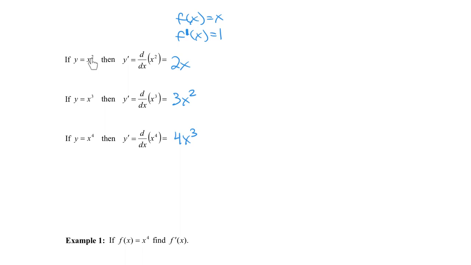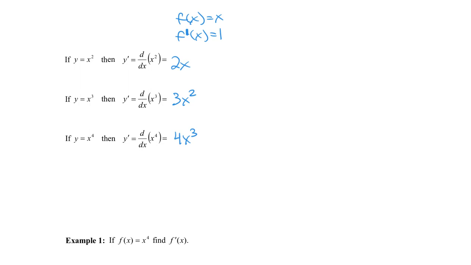It looks like this 2 ends up being a coefficient, 3 is a coefficient, so maybe the 4 is a coefficient. It looks like the powers drop by 1, or almost like this 2 comes down in front, and then the power drops by 1. 3 comes down, power drops by 1. So if these are true, then maybe 4 comes down and the x to the 4th becomes x cubed. But as you know, we do have one way to find out.